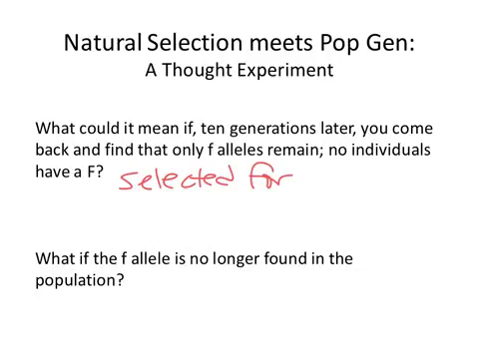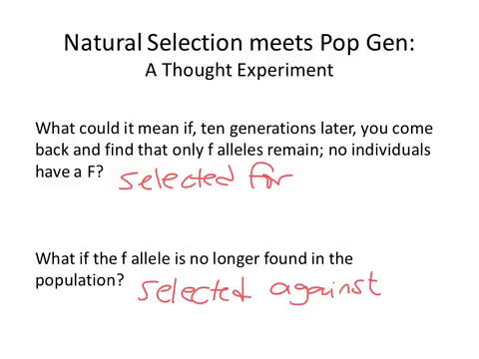We started with 1. You come back 10 generations later, there are no little f's. Okay. So that could mean that it was selected against. Other answers? That person just didn't reproduce, like the likelihood of it happening is less than the other ones.